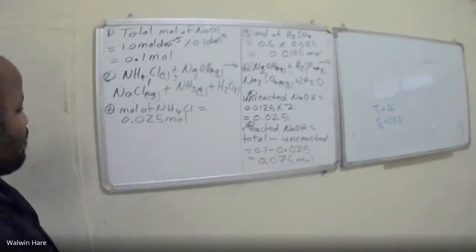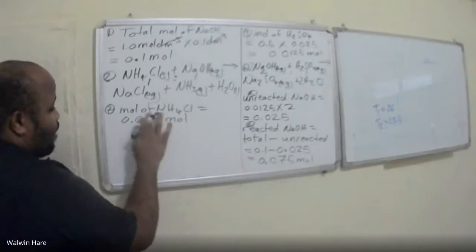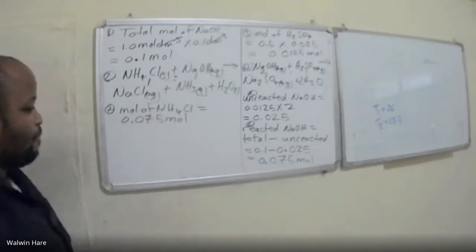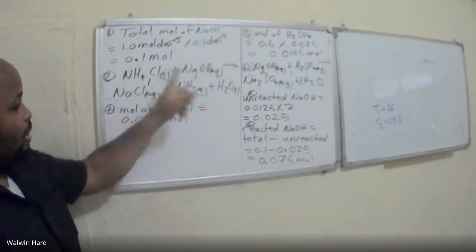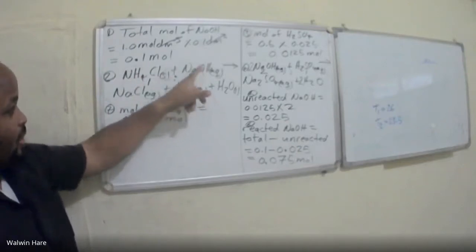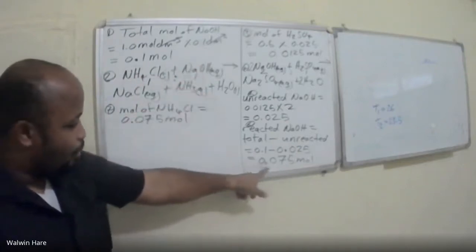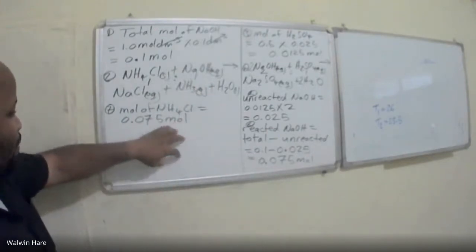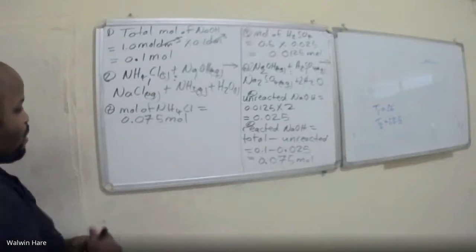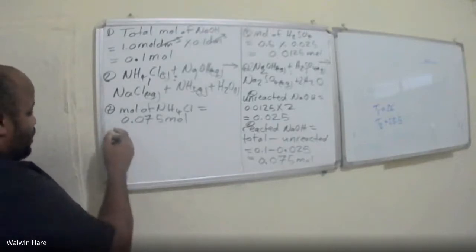Alright, so the mole of ammonium chloride is 0.075 because it's the 1 to 1 mole ratio, and the mole of sodium hydroxide that reacted is 0.075. So once we get the mole of ammonium chloride, what are we going to calculate next?